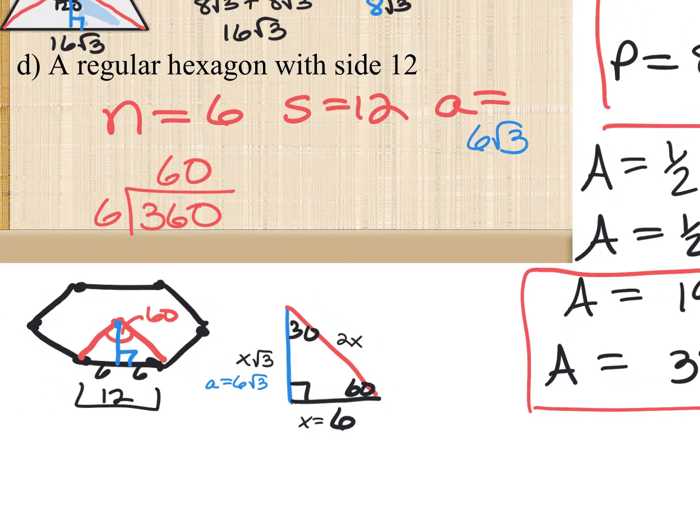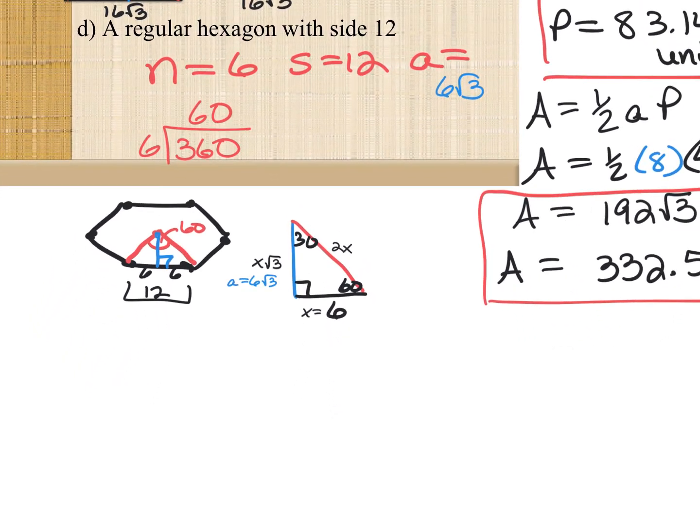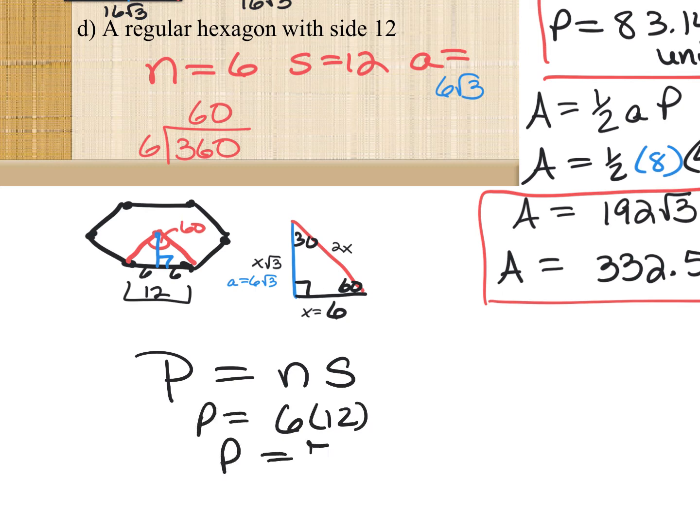So again, for perimeter, number of sides times the side length. This was given to me from the beginning. So 6 times 12, and I get the perimeter to be 72 units. For the area, I'm going to take 1/2, multiply that by the apothem and the perimeter.